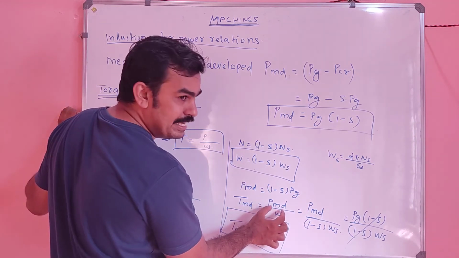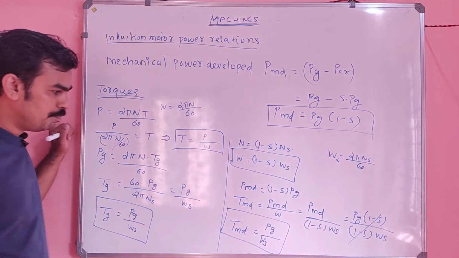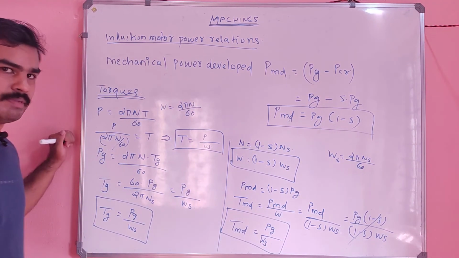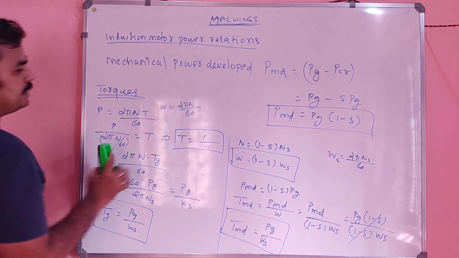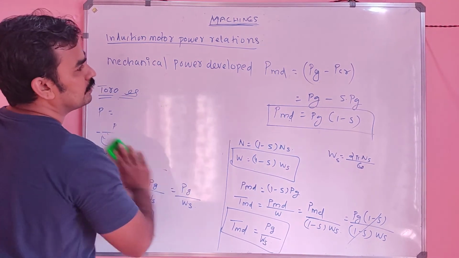TMD can be either PMD by omega or, in terms of PG, PG by omega s. Is it clear, my dears?